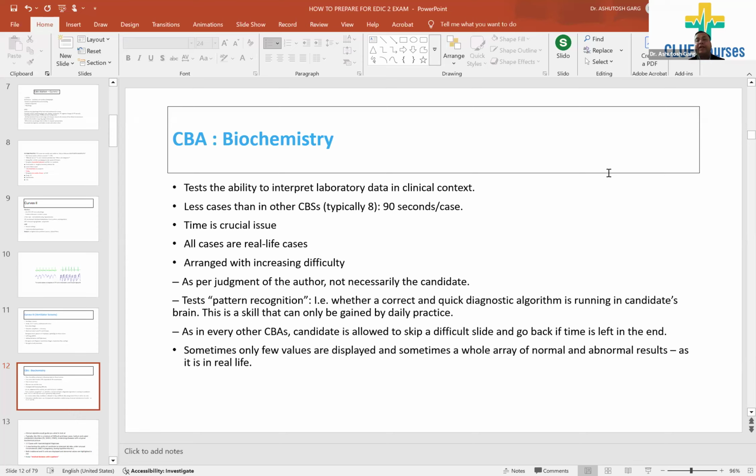Don't expect they will give you only relevant or limited data. They can give you very large data, like in a real-life scenario, because when you see the patient, you have all the lab reports in front of you. There is a CBC, LFT, KFT, culture reports, or so many blood reports. So you have to analyze all that information and make a diagnosis of what you are dealing with.